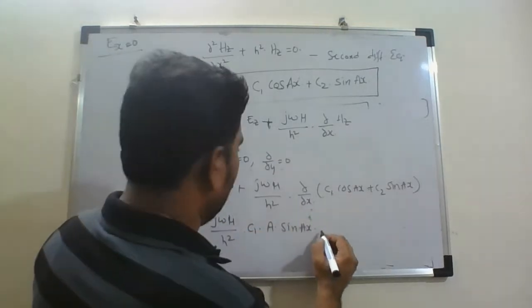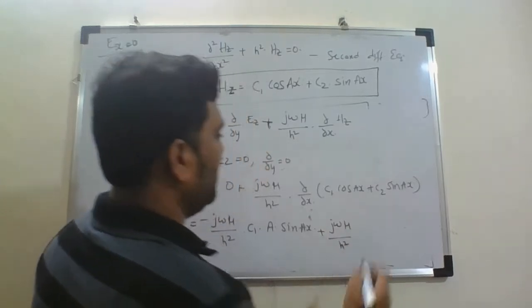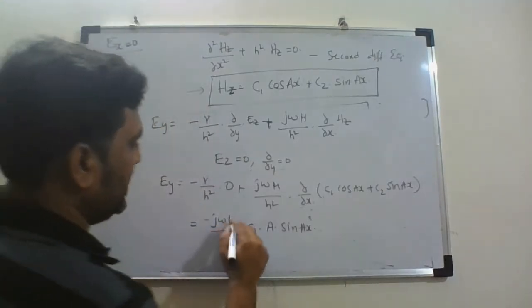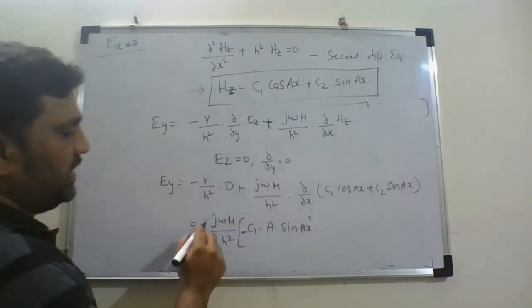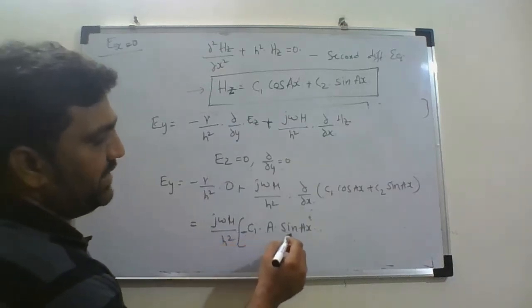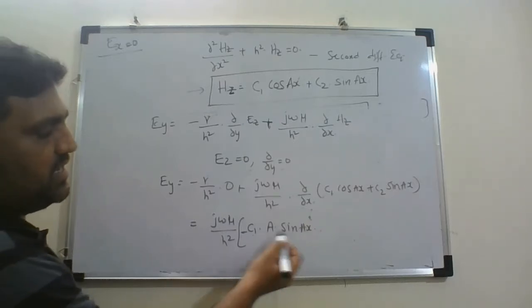Let us take jωμ/h² as common. So minus C1 into a into sin ax, since the differentiation of cos ax is minus sin ax into a.